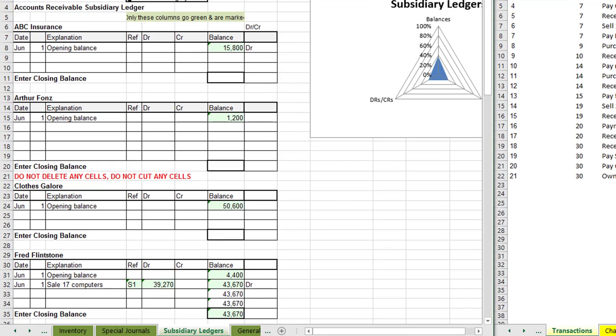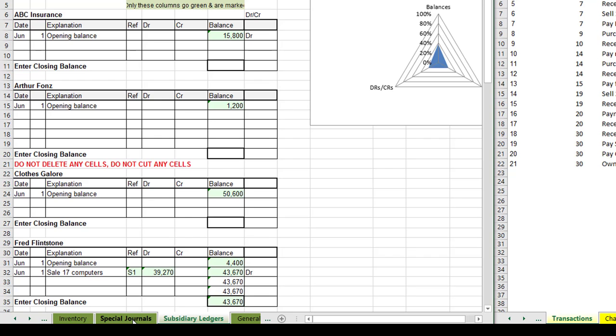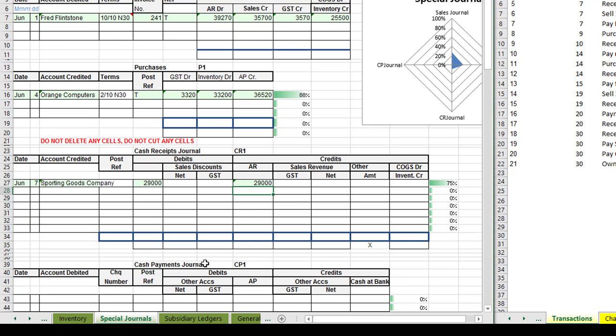We can see we're making rapid progress on the accounts receivable subsidiary ledger and the accounts payable subsidiary ledger. So back to the journal here, we have posted that to accounts receivable. We can put in AT. So we've done the next 3 transactions, transactions 1 to 3.